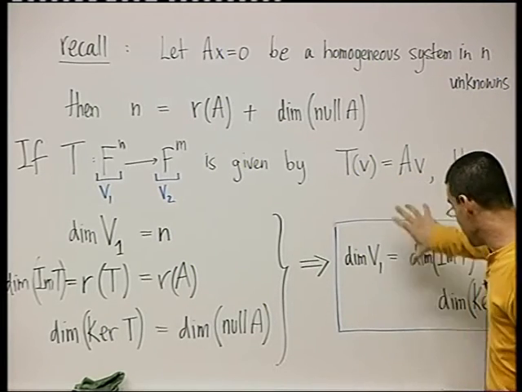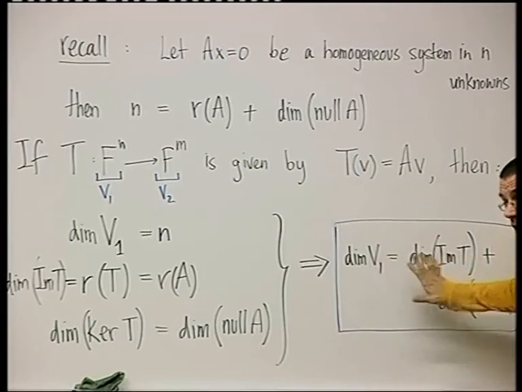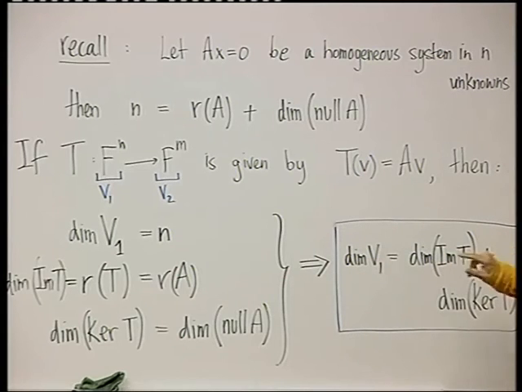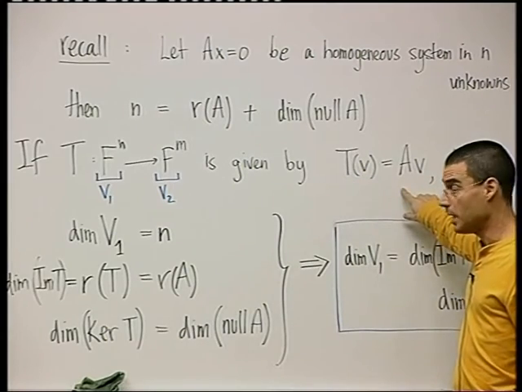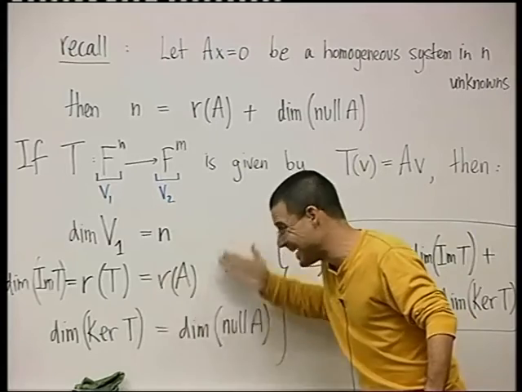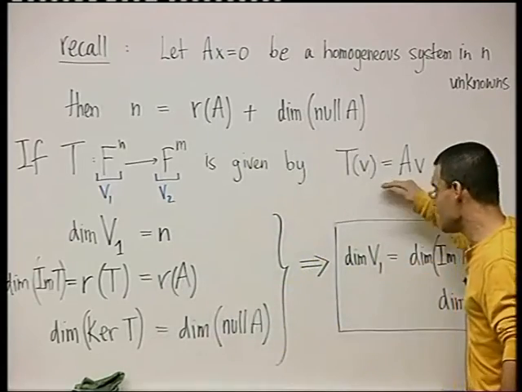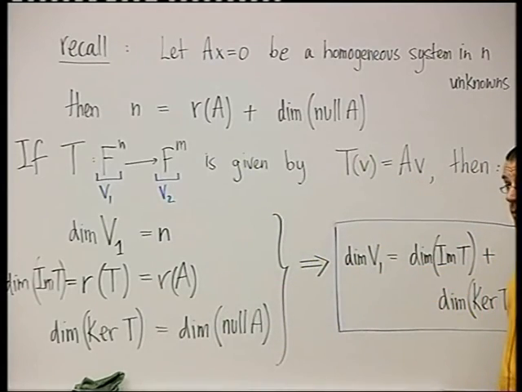The claim is that this is true in general for any linear map T, not just the linear map T given by multiplication of a matrix. Okay? This line of argument shows this only when T is given by multiplication by a matrix. Do you agree?